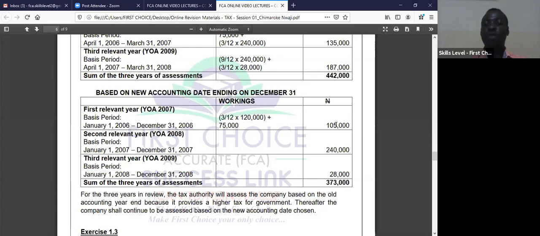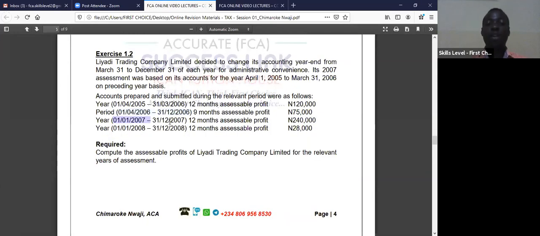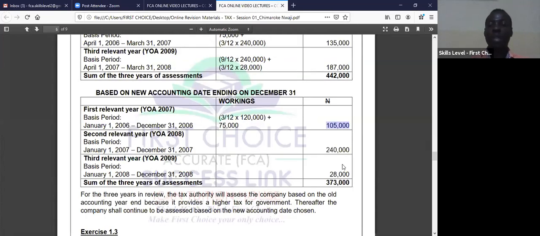So that's what we did to get 105,000. Then you go to the next one. January 1, 2007 to December 31st, 2007 is straightforward because they have started filing according to the new accounting dates. So that's it. You pick this figure here and you put it. You go to the last year, you pick this figure and you use it. So that's what it is here.